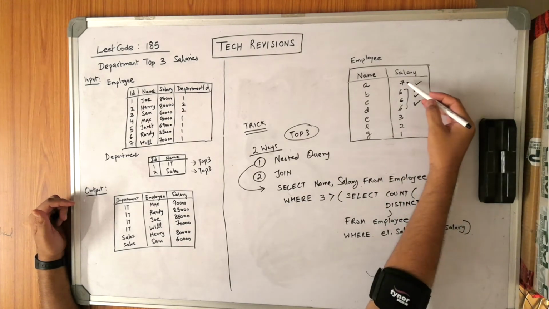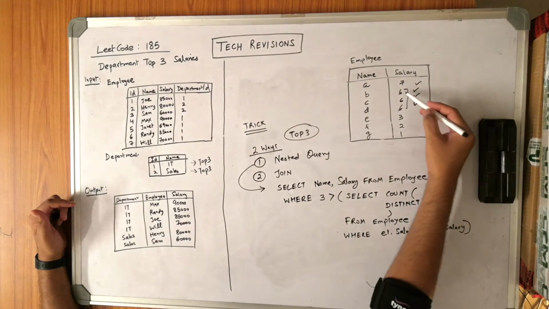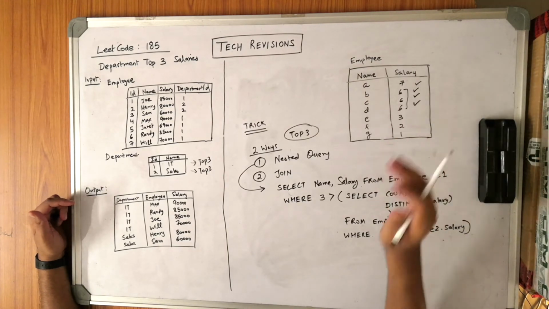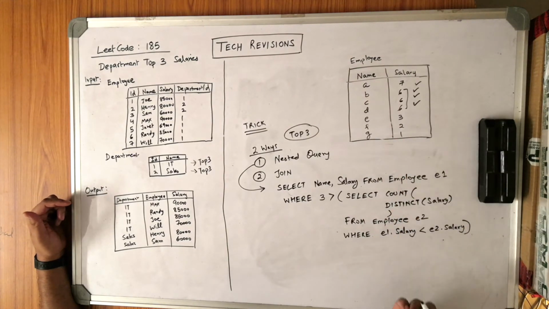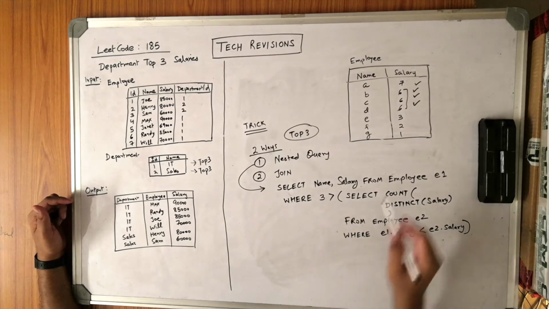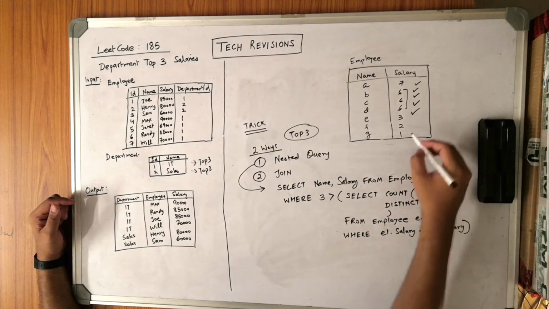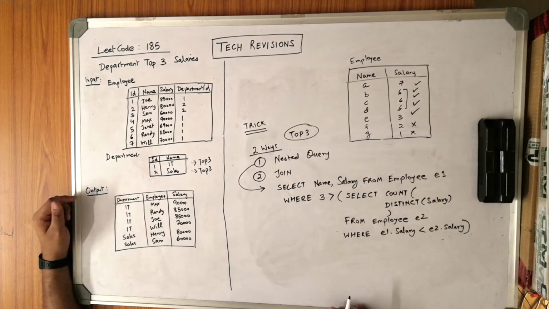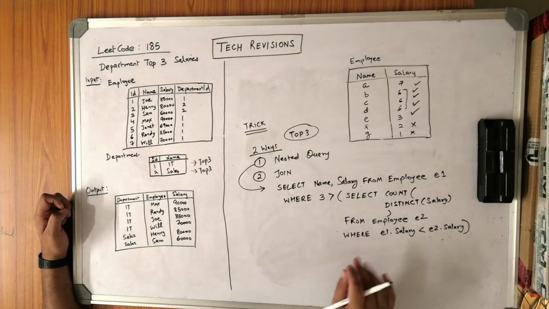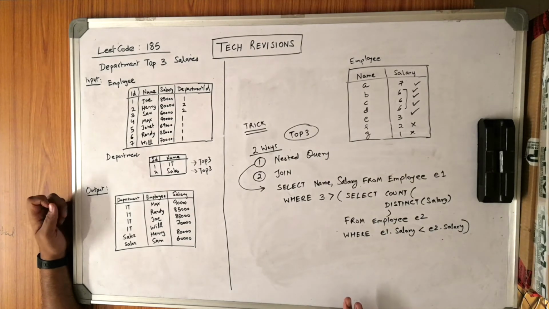So the count will be 1 here, and then for these 3 the count will be 2, like 1 plus 1, and for the rest it will be 0. And 2 is still less than 3, hence this will get selected, right? But these 2 rows are not going to get selected. And that is the logic behind putting a nested query to get the top 3 salaries and their corresponding employees.